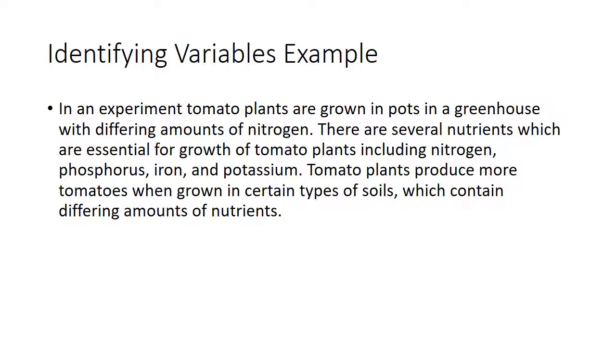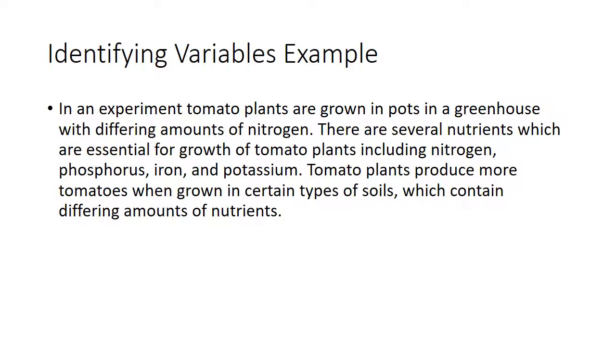So you're going to have a pot with a tomato plant that has a small amount of nitrogen, a pot with a tomato plant with a medium amount of nitrogen, and a pot with a tomato plant with a large amount of nitrogen. So you're going to see how the nitrogen, because that's what we're changing, right? That's our independent variable, is affecting our dependent variable, which is the growth of the tomato plant.